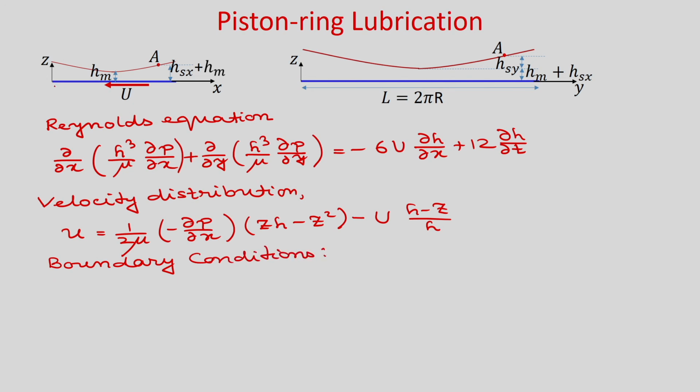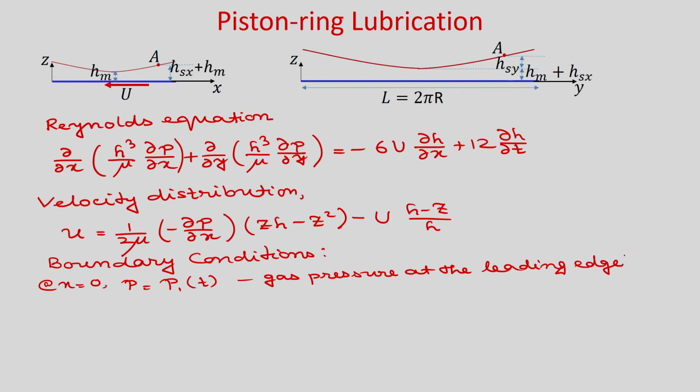At x equal to 0, we have p is equal to p1, which is a function of t, and this is the gas pressure at the leading edge of the ring.